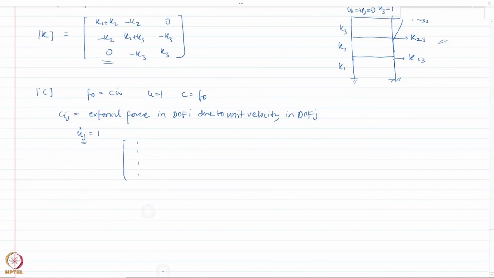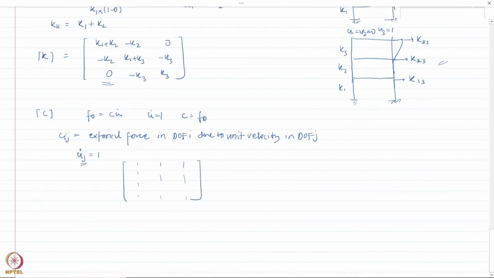I repeat this for all the degrees of freedom, and I keep getting the damping matrix.